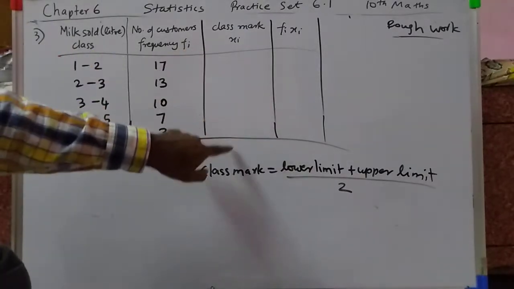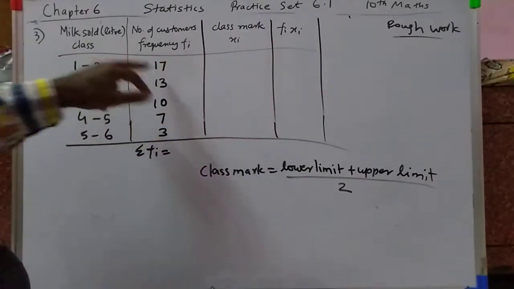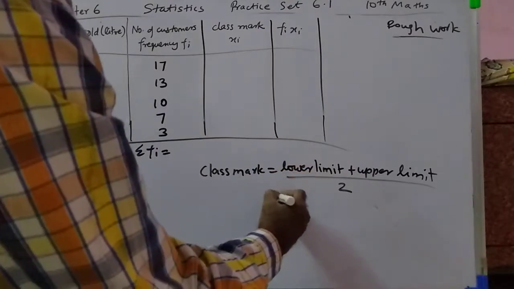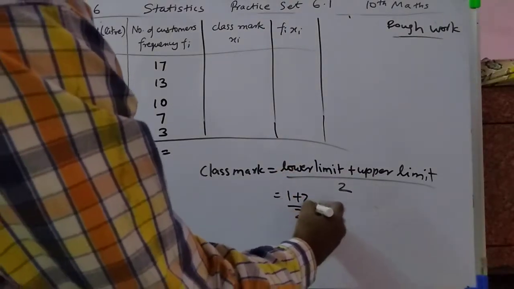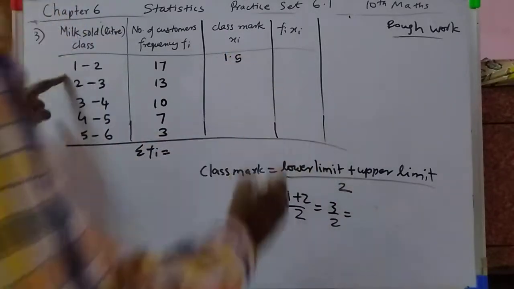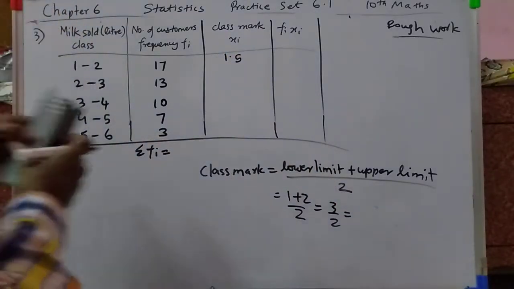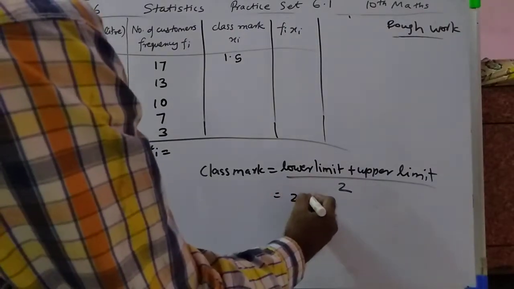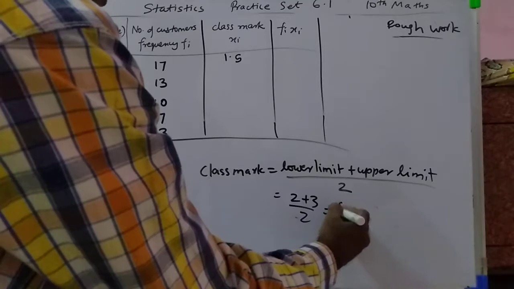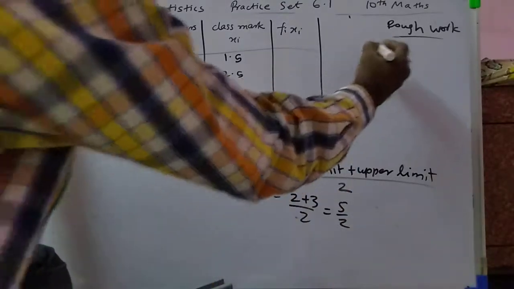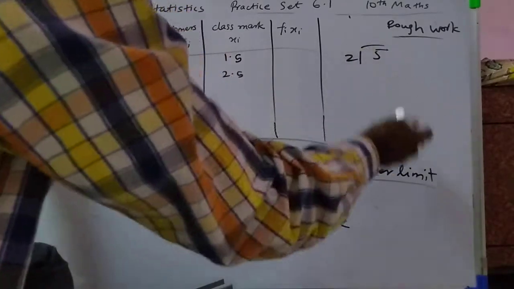First we'll calculate this. Direct method mean, only 1, 2, 3, 4 columns. Now lower limit is given, so it is 1 plus 2 divided by 2, that is 3 divided by 2, 1.5. Now take the next number, 2 plus 3 divided by 2, 5 by 2, that is 2.5.